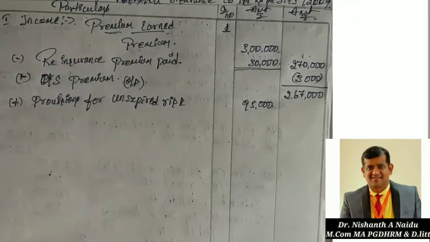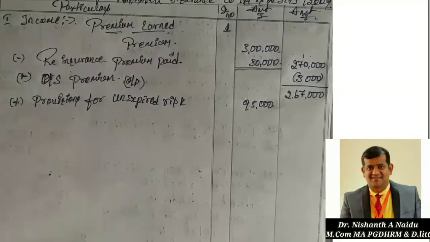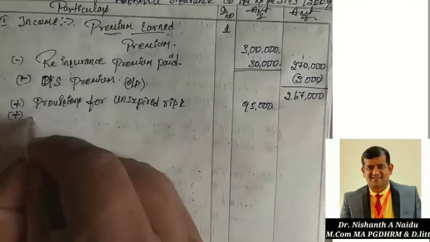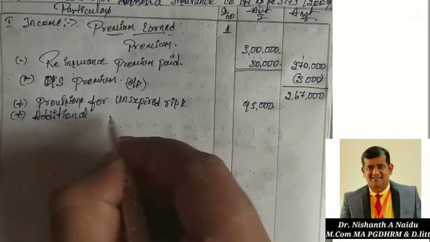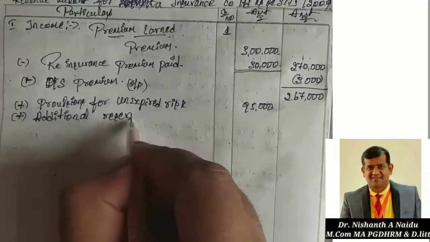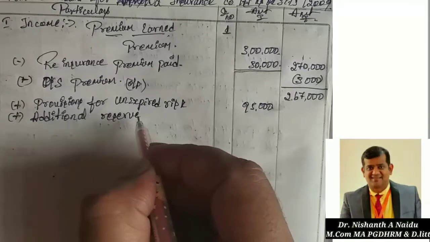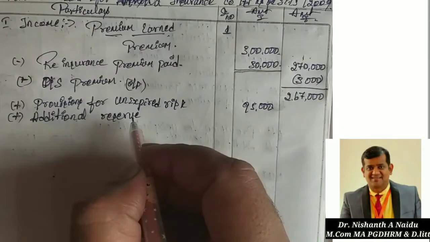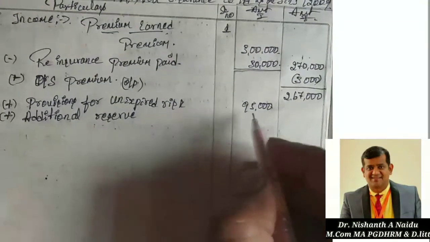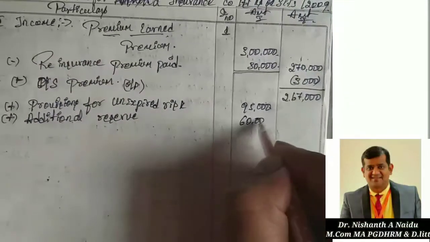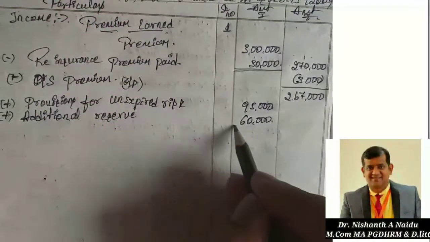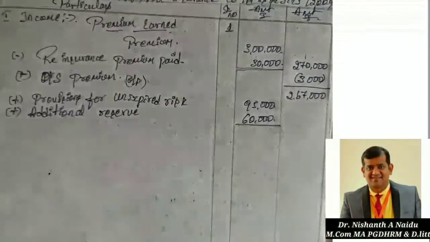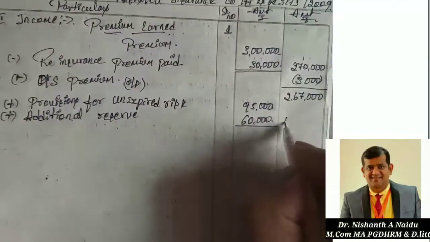Okay, then add additional reserves, immediately after that item, which is given. So how much additional reserve has been given in the problem? He has given 60,000 rupees. Now total it and put it to the outer column. That is 1,55,000 rupees.